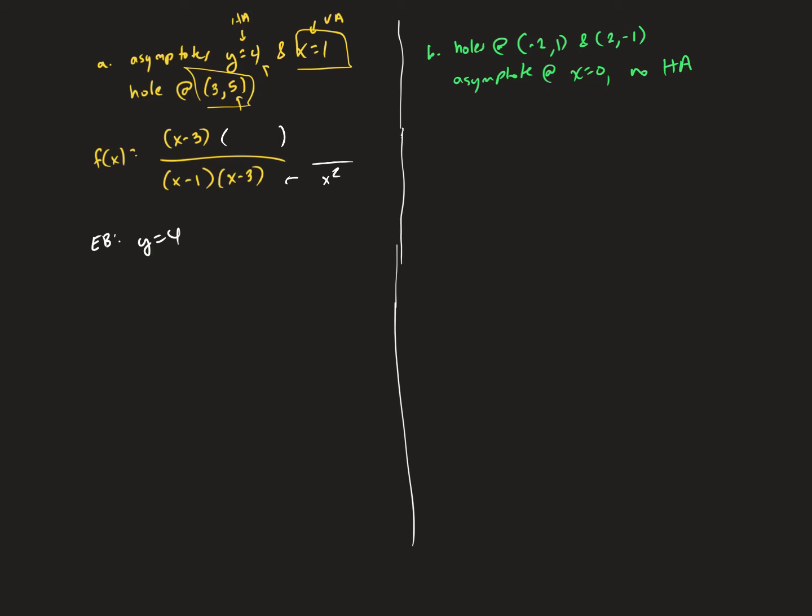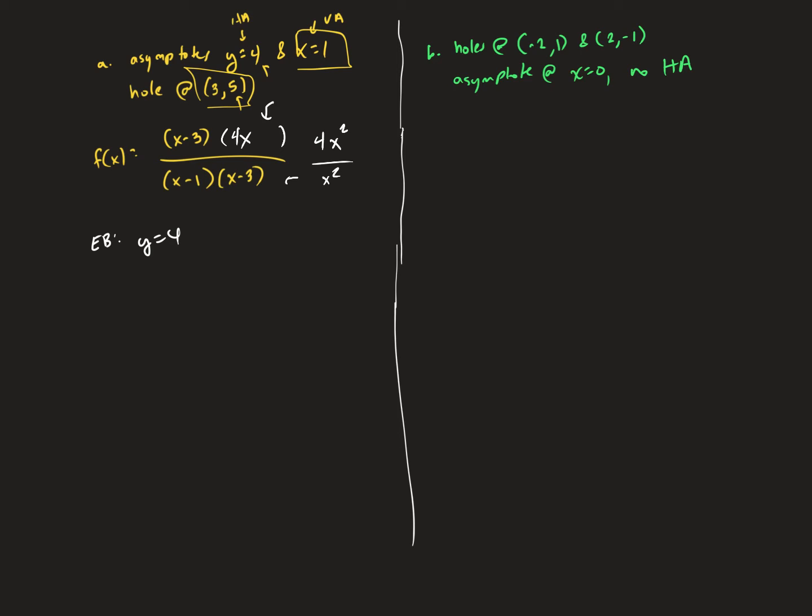Since it's not y equals 0, these degrees have to be the same, which means this factor has to give me some sort of degree that has an x squared in it. That way the degrees are the same. And when the degrees are the same, you divide leading coefficients. So the coefficient on the x squared would have to be a 4, which means inside this factor, we're going to have a 4x to make that work out. That would give me a 4x squared on top and an x squared on the bottom, which when I do my end behavior model would give me y equals 4.